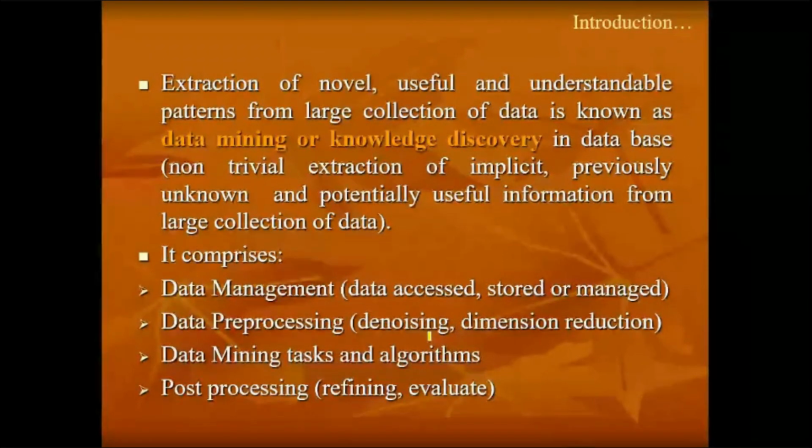So we denoise the data, like in EEG and ECG. When you have EEG and ECG data, we can see the basic figures, and in most cases we find noise. Then come data mining tasks and algorithms: post-processing, refining, and evaluation.